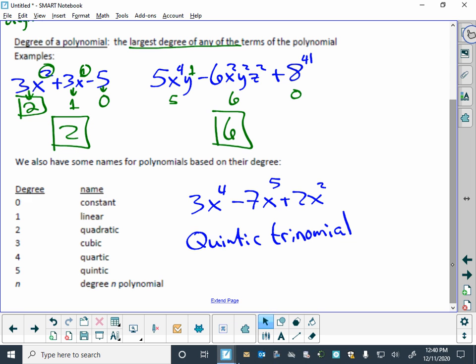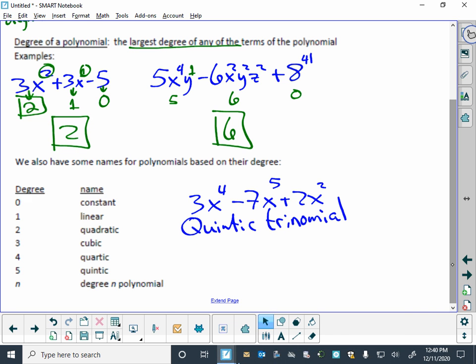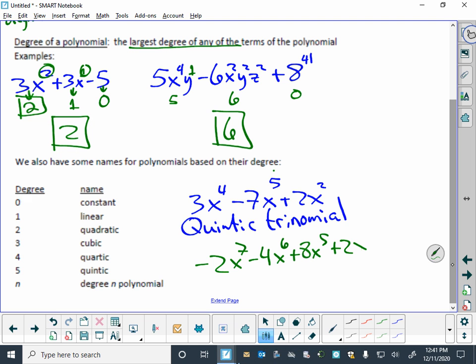Let's throw one more example in there, and notice I wrote this one in a different order, I didn't make it the one that was in front necessarily. We'll talk about that a little bit as well. So negative 2x to the 7th minus 4x to the 6th plus 8x to the 5th plus 2x cubed minus 7x plus 9.